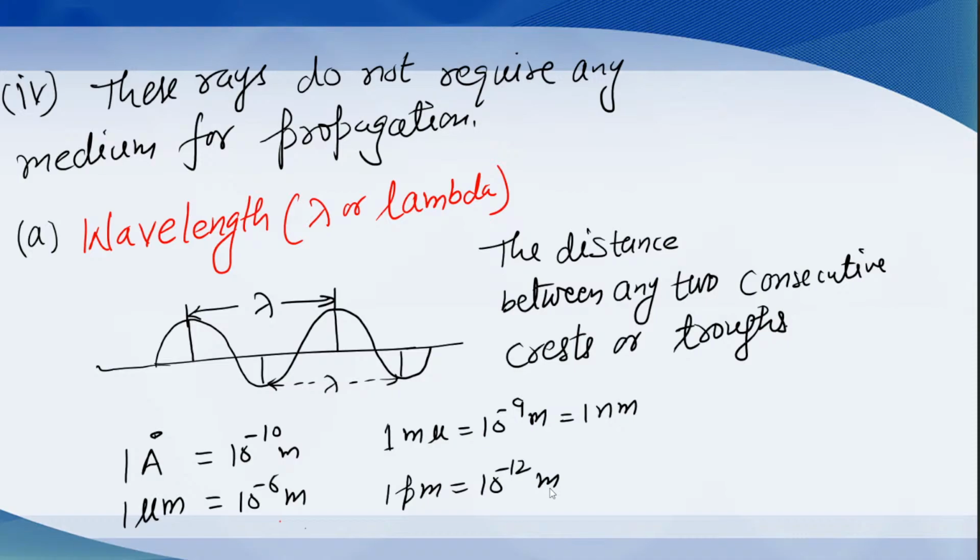So first is wavelength, second is amplitude. Amplitude is denoted by A. And what is it?